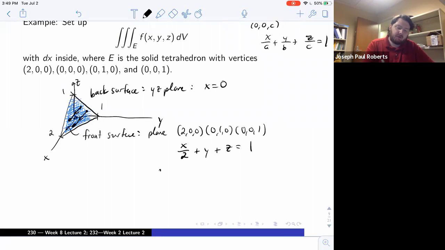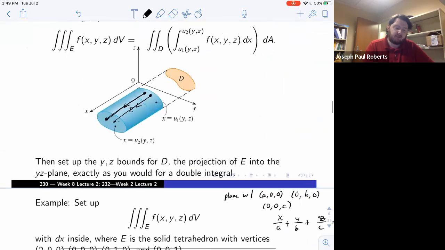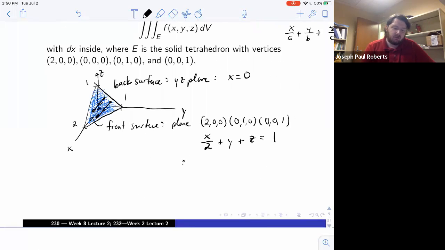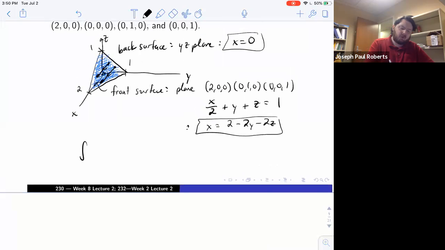And so this front surface, I have to get it into the form x in terms of y and z. So I solve for x, which is x equals 2 minus 2y minus 2z. That's our front surface.